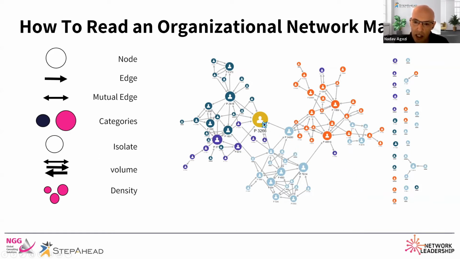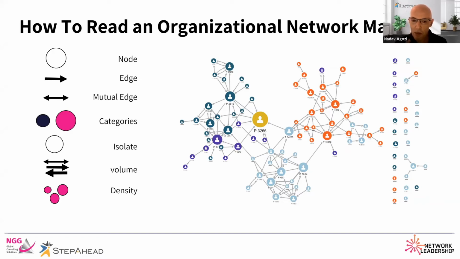Okay, another thing I didn't mention is the size of the circle. If a person is highly connected in the organization, in this network, the circle will be bigger. It means that this is a meaningful person. He's a connector. This guy has lots of connections within the company.